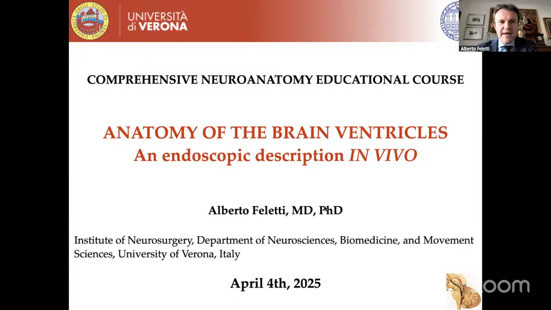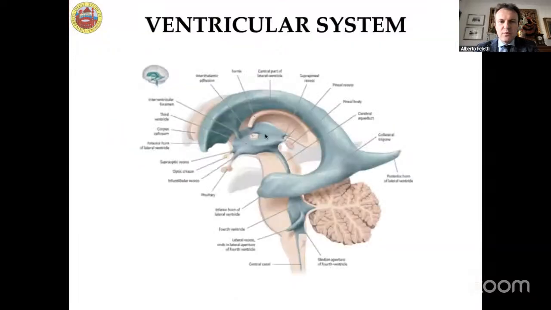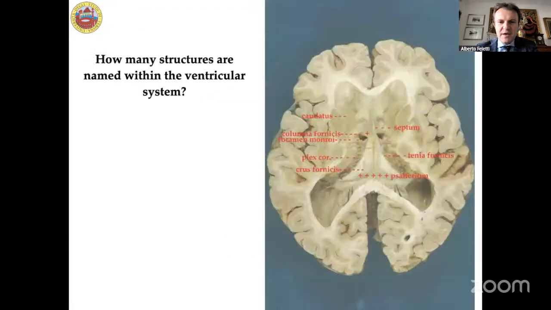After all, the anatomy is always the same; the anatomy doesn't change. But depending on the way we are approaching the ventricles, the perspective on the anatomy does change, as we will see soon.